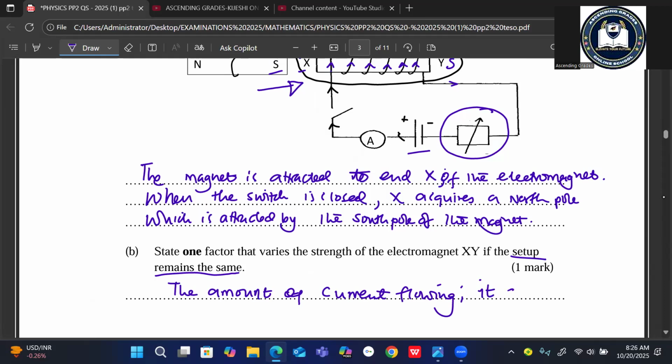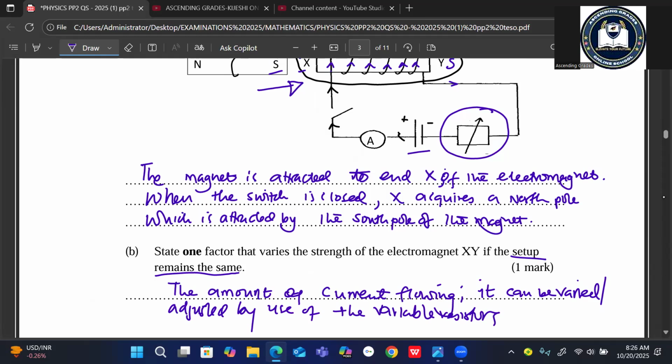It can be varied or adjusted by use of the variable resistor. I've just given out a supportive argument so that you can understand.